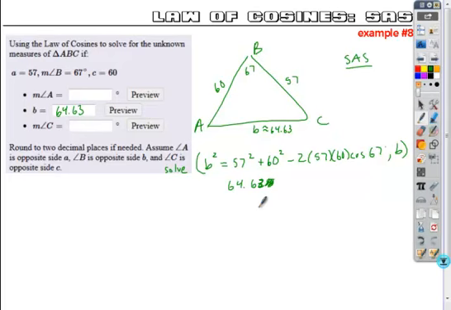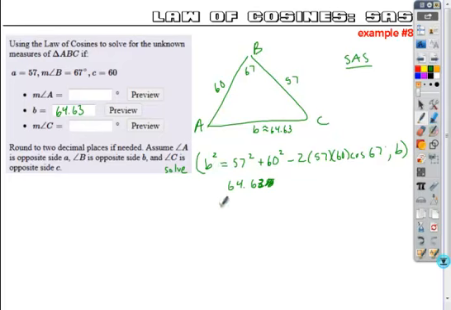My recommendation in a problem like this, after you find your initial piece of information and you're asked to solve for the unknown angles, is to find the smaller of the two remaining angles first. It will never fall in quadrant 2; it's never going to be an obtuse angle. So which angle would I find first? I'm going to find A first. I know it's the smaller angle, so it can't be obtuse.